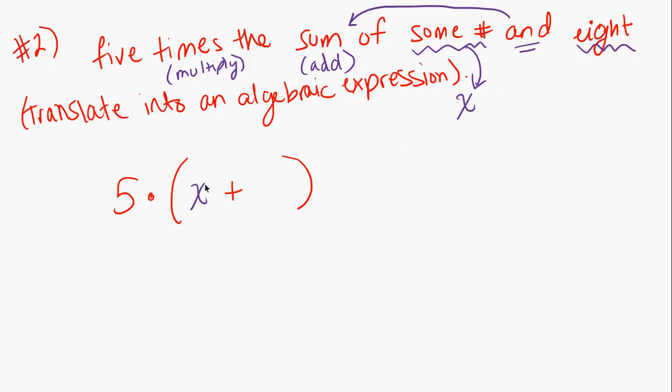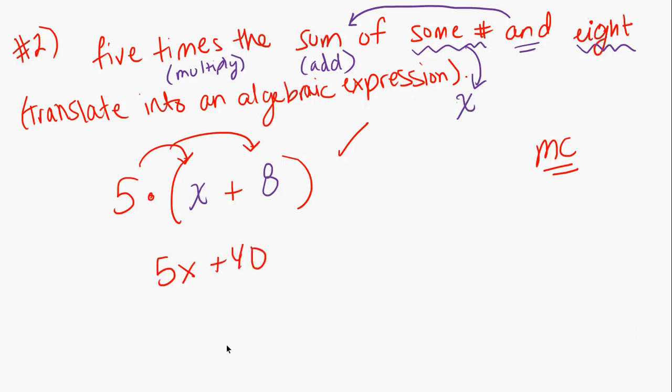So inside here we have x plus 8. And you could either leave it like this, as it is a multiple choice question. So if it shows it to you like this, that is fine. Or you would simplify it, which, if we were to simplify it, we would distribute the 5 to get 5x plus 40. So either of these would work.